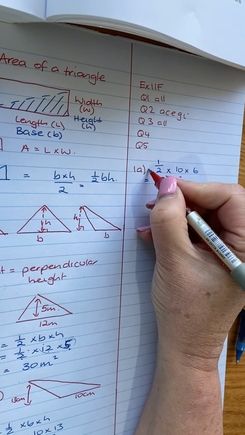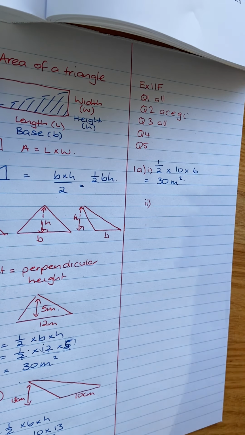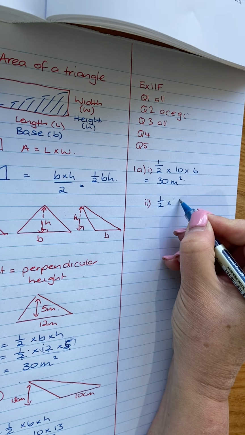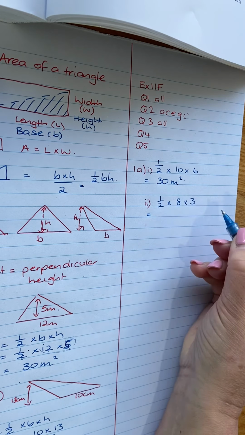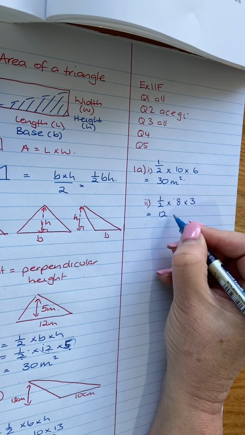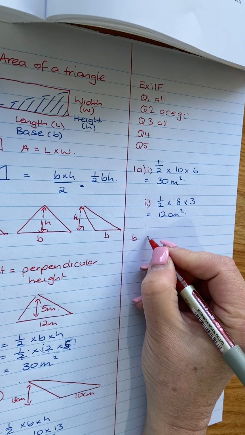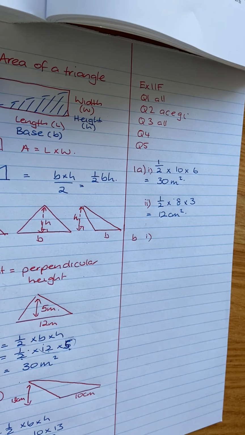So that was A part 1. Going across, have a look in your book, A part 2. It's also a triangle, so it's half times, and my base length is 8 and my height is 3. Half times 8 is 4, times 3 is 12 centimetres squared. So that's the sort of working that I want you to do for each of these questions.